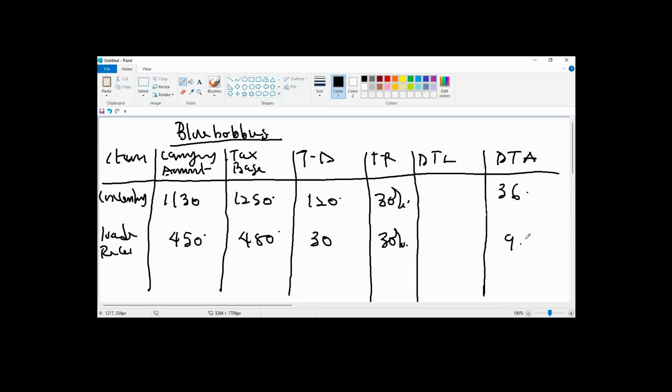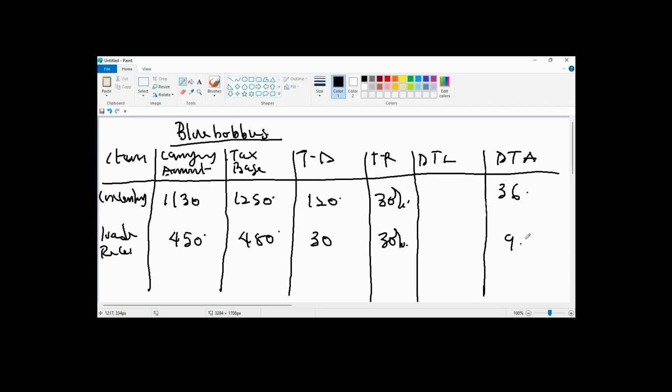I will go to the next one. PPE has a carrying amount of 3050 and a tax base of 2750. During the year ended 31st October 2021, property was revalued up by 150.